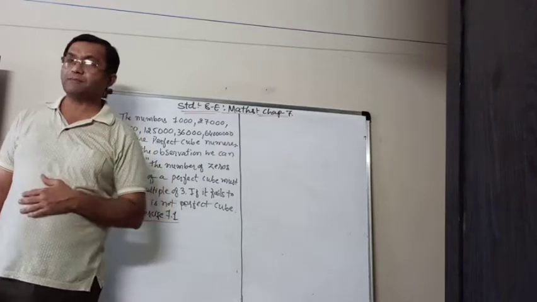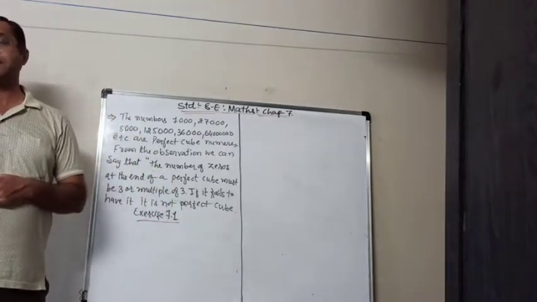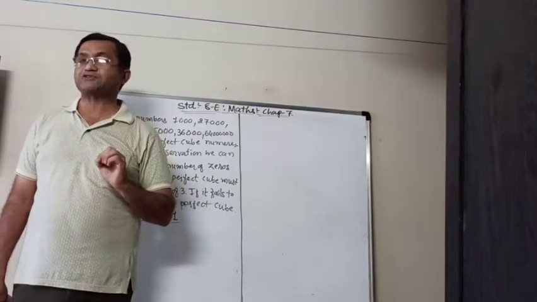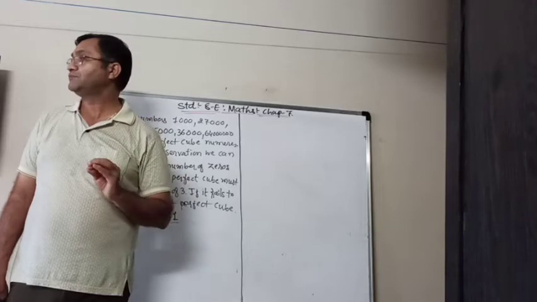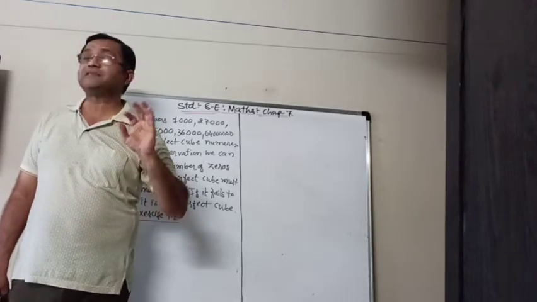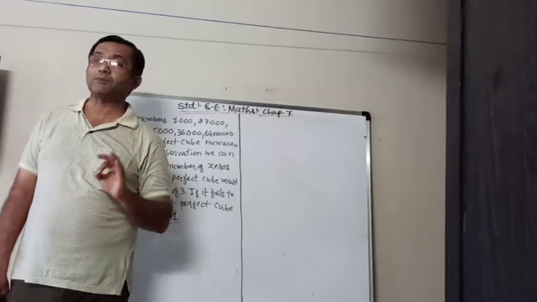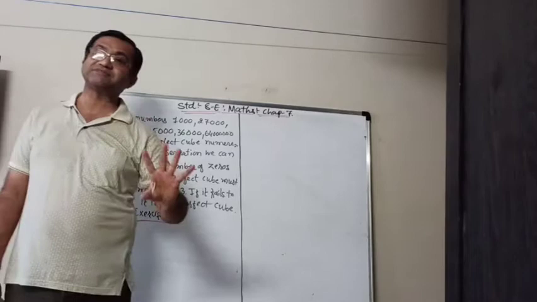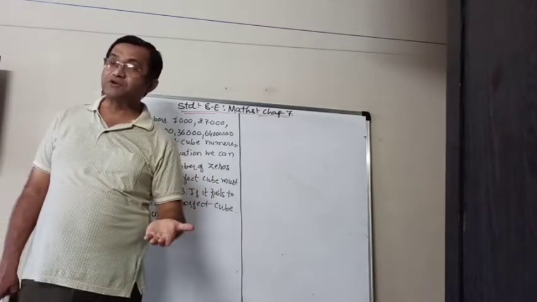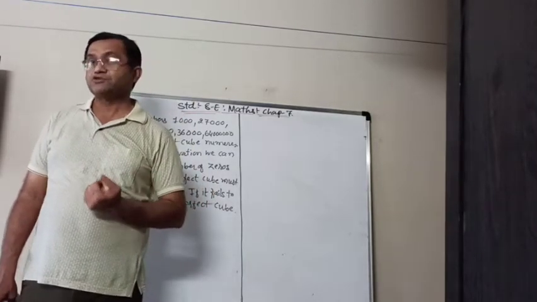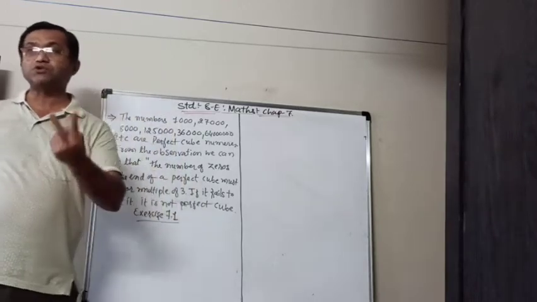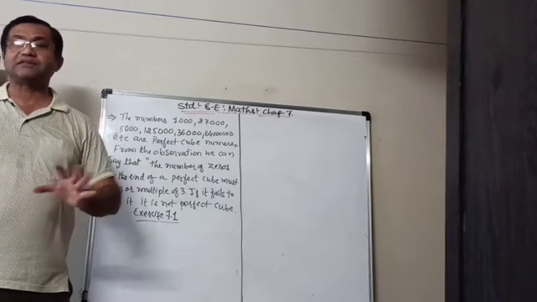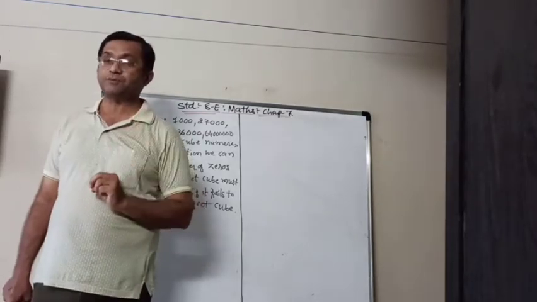So if you notice them, you will understand that if it is a perfect cube, then the number of zeros at the end will be either 3 or a multiple of 3. It means it must have either 3 zeros, or 3 twos are 6 zeros, or 3 threes are 9 zeros, etc. So if it has 4 zeros or 2 zeros or 7 zeros at the end, then that number is not a perfect cube.